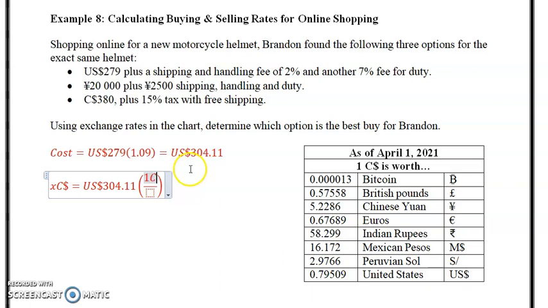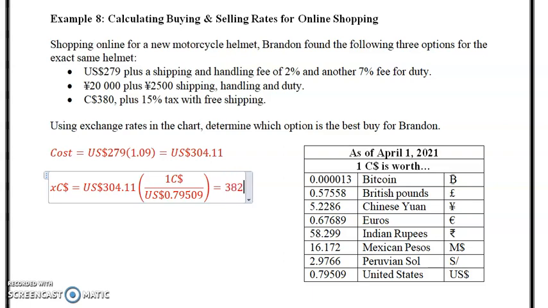Remember, 1 Canadian dollar is equal to the US dollar amount of 0.79509. I'm just using what's in the chart there, and that's going to be equal to $382.49. All right. Okay.